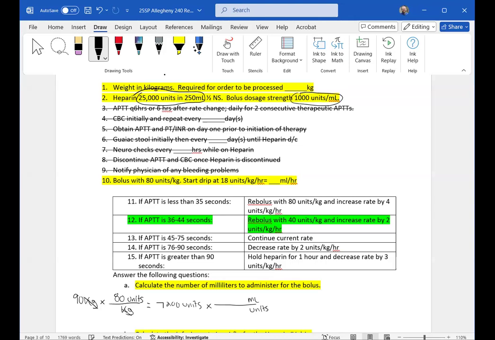Since we're calculating bolus, we're going to use the bolus dose information: 1,000 units per 1 milliliter. And I'm going to get 7.2 milliliters as my initial bolus.